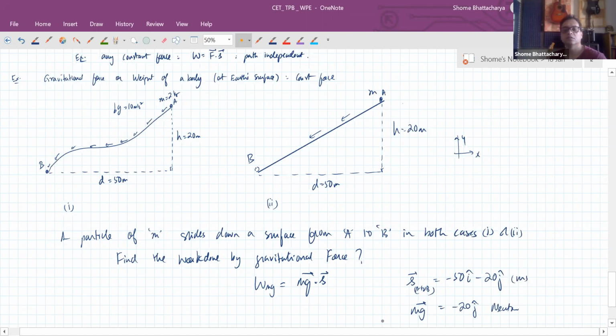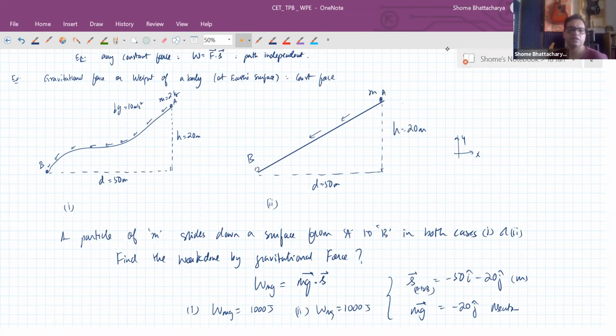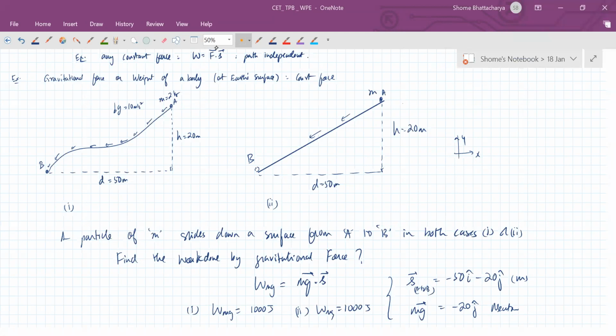This is in meters. So in both the cases, the work done will be 1000 joules. Second case also it will be 1000 joules. So showing you that it's independent of path. It only depends on the initial and final position. I'm taking the same pair of initial and final position, but two different paths, and the work done by gravity is coming out to be the same in both. Why? Because it's a constant force in this case. So gravity becomes which type of force overall? It becomes what we call a conservative force.